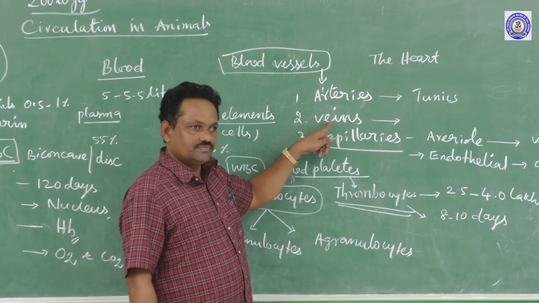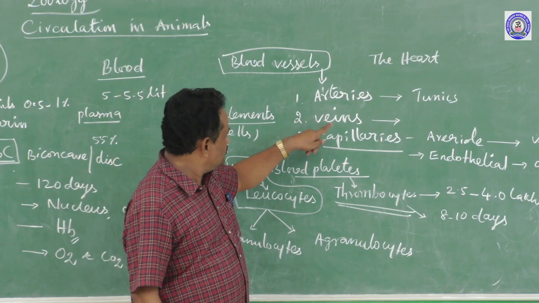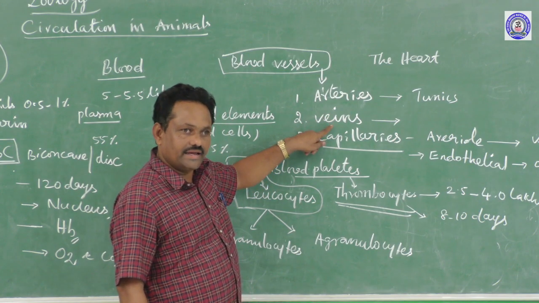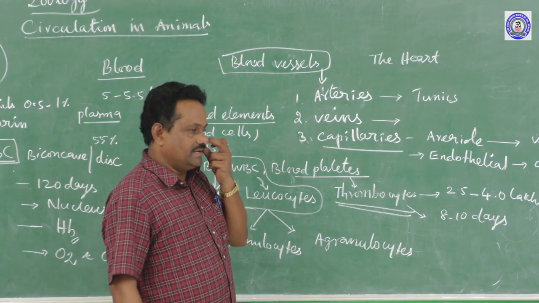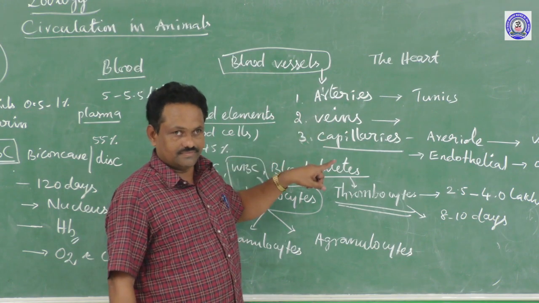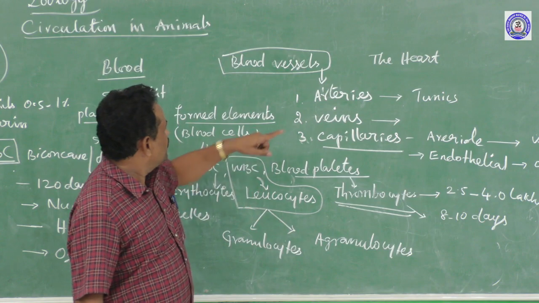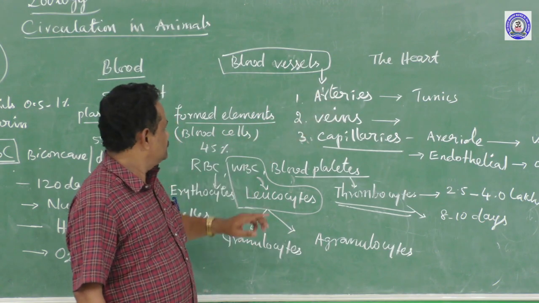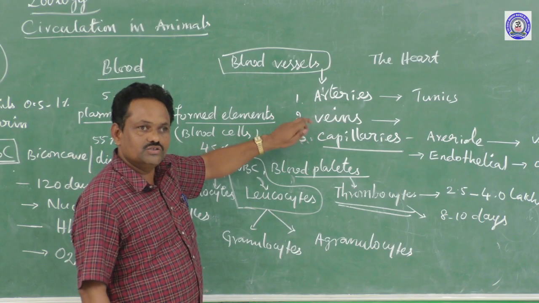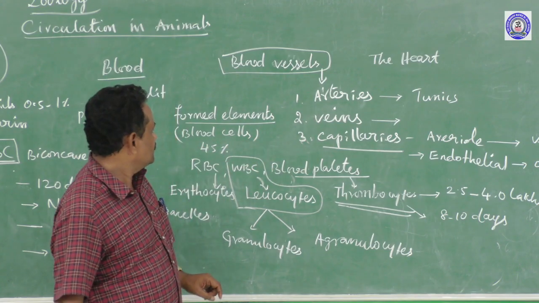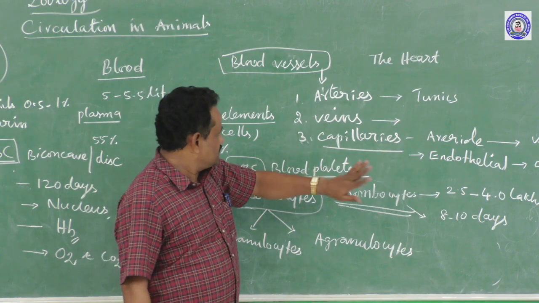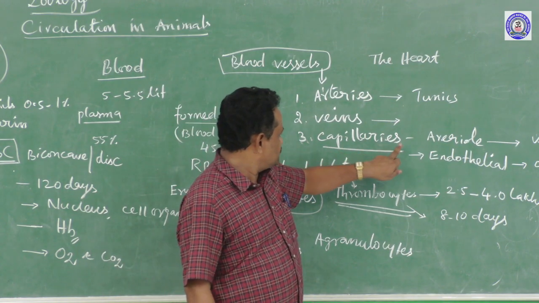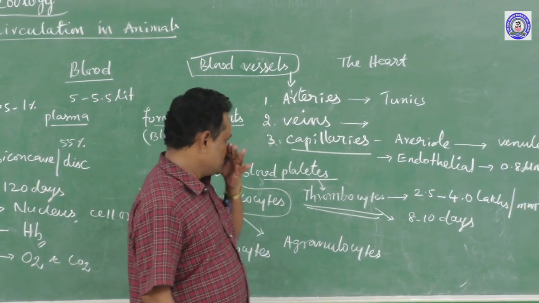Valves are present, non-elastic, thin-walled, and veins carry deoxygenated blood except the pulmonary vein. So in general you can say arteries carry blood away from the heart, veins carry blood towards the heart. In certain organs, these capillary systems form a portal system.